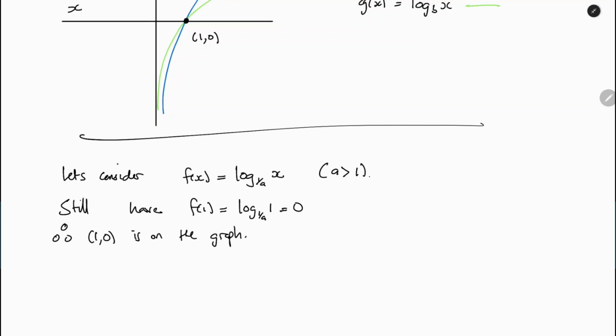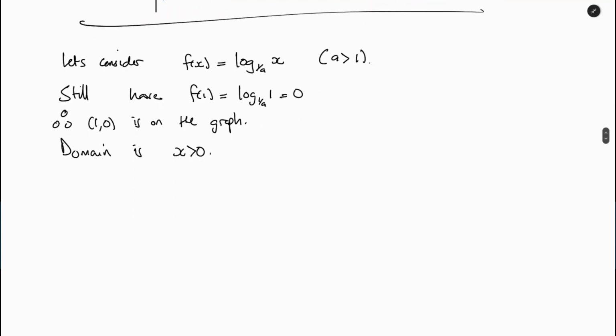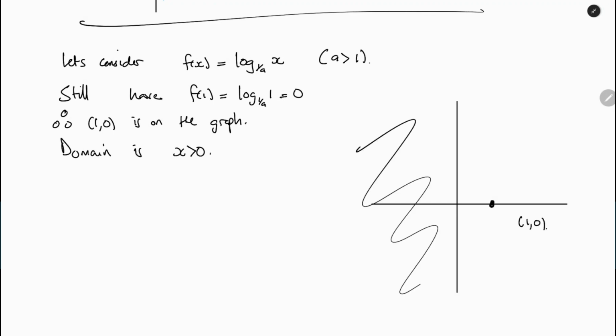And by the same argument as above, we still have the domain is x greater than 0. Now if I draw my axes, I've still got this point here, and I've still got nothing going on this side because my domain is strictly positive.